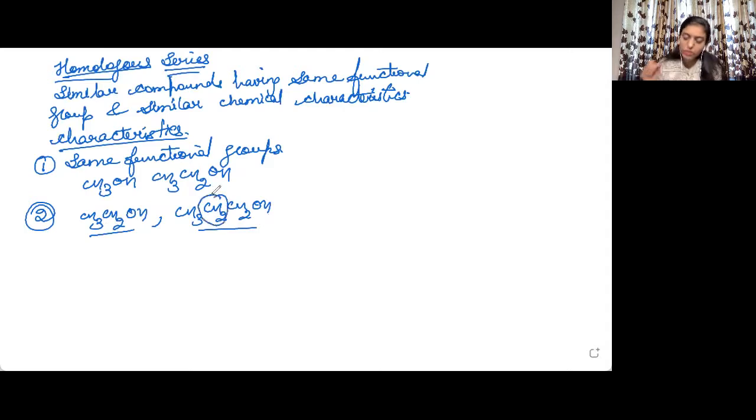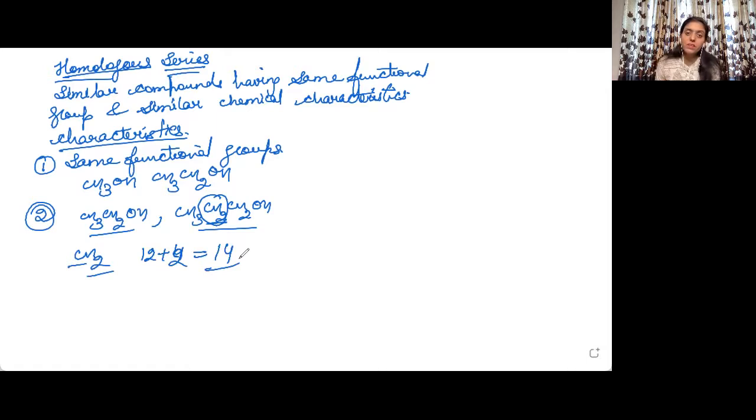They are differing with one CH2 in between, right? So the difference in their molecular mass will be, what is the mass of this CH2 group? 12 for carbon and 2 for hydrogen. So it will be 14. So they will be differing from each other by a mass of 14, right?